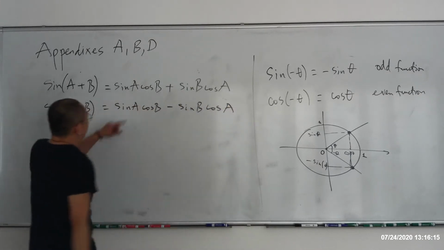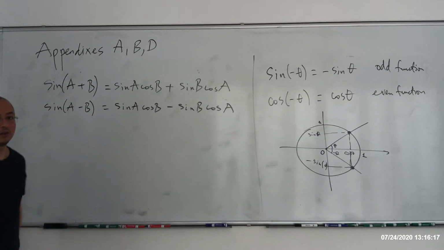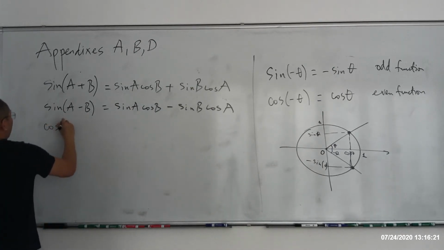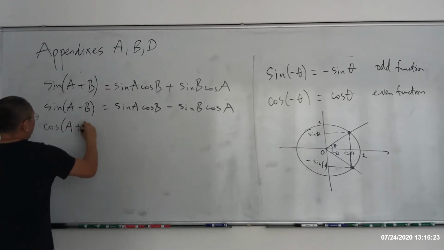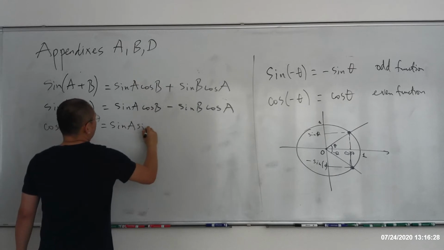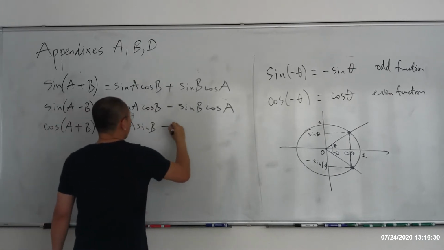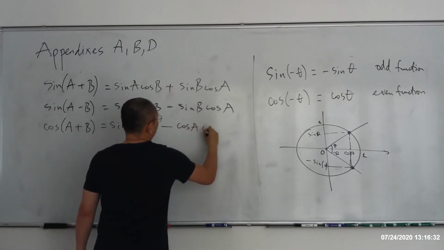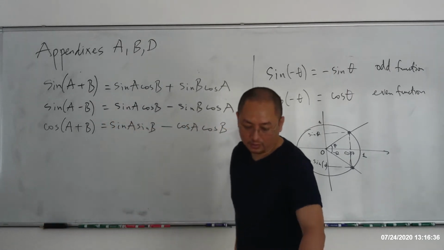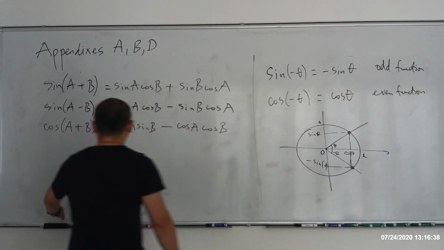So what am I doing? I just change the sign, plus to minus. But it's going to be a little bit different when you deal with cosine. Cosine of A plus B is equal to... oh, I wrote it backward. I'm sorry, guys.